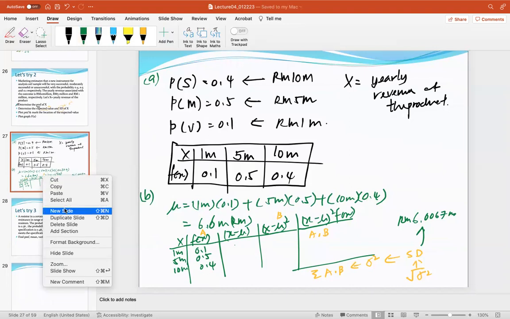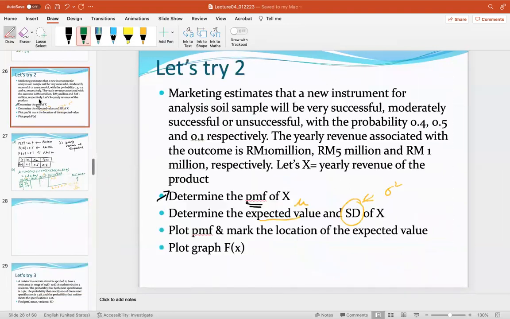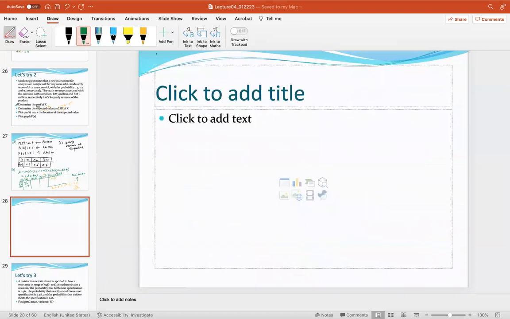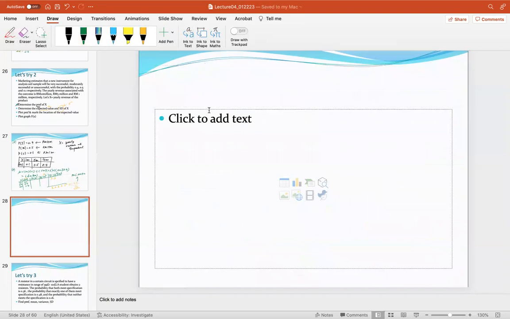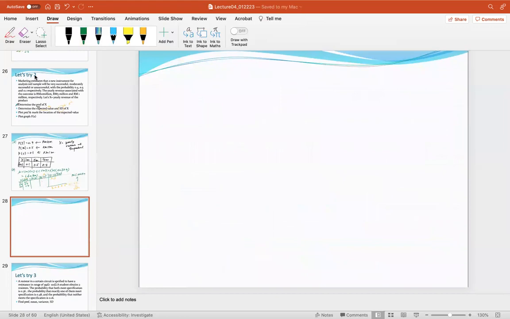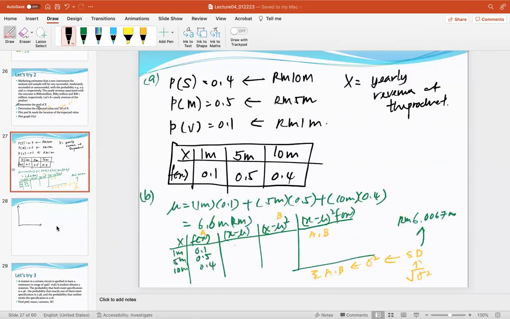Let's have a look at C. The C question is asking: plot the PMF and mark the location of the expected value. Well, it's quite simple. Let me remove this. From here, we have the table.